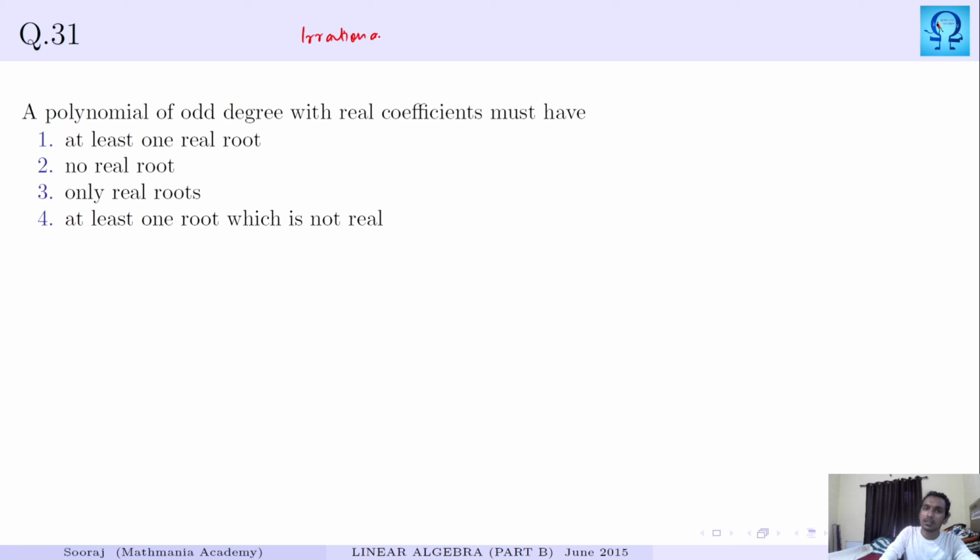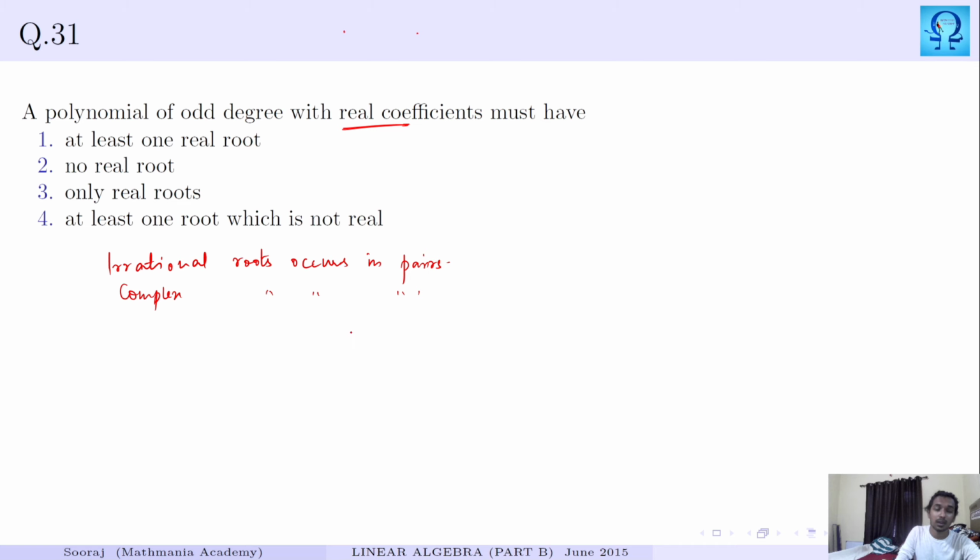Irrational roots occur in pairs. In a similar way, complex roots occur in pairs. Since we have real coefficients, I am talking about these things.